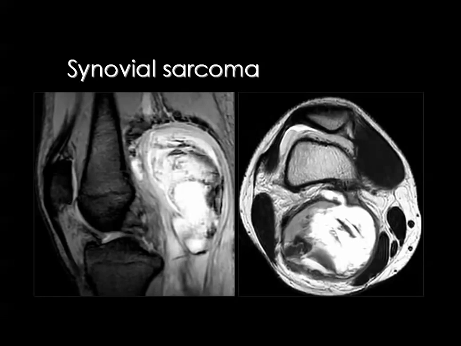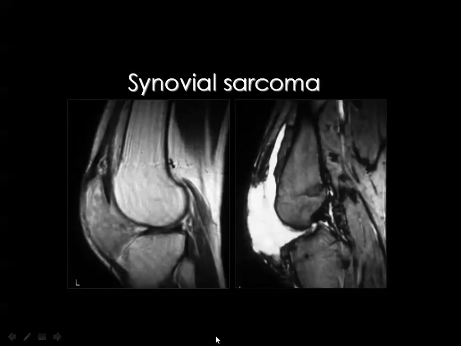Synovial sarcoma is a malignant lesion which arises from the synovium, and this mass will have no MR specific features. It is an infiltrating lesion, will show low signal in the T1, high signal in the T2, and heterogeneous post-contrast enhancement. This is an example.